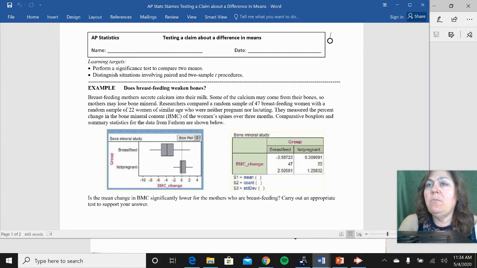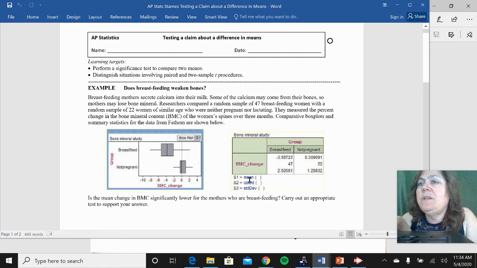Now you can look at the box plots and see what they got there, but come over to this chart and you will be able to tell. It tells you what these 3 values are in the Minitab plot. So you get your means for each here, and then your count.